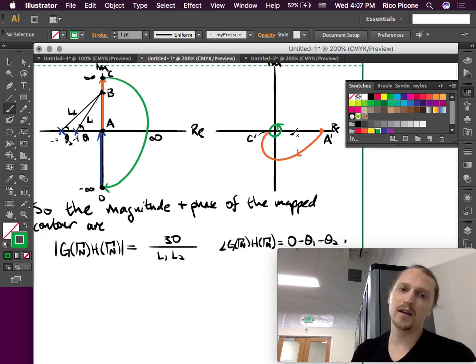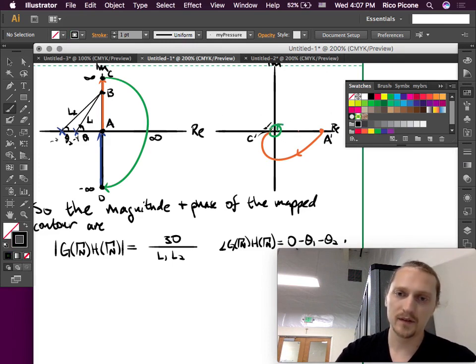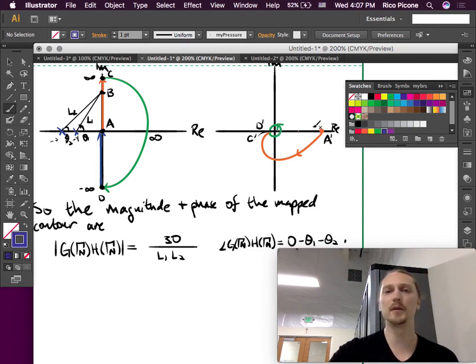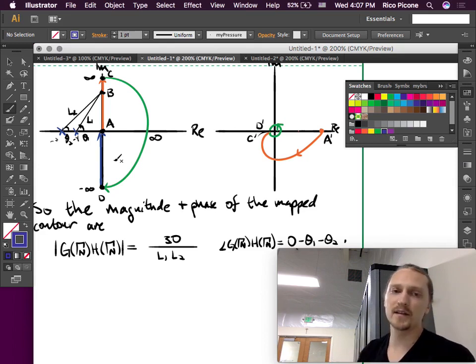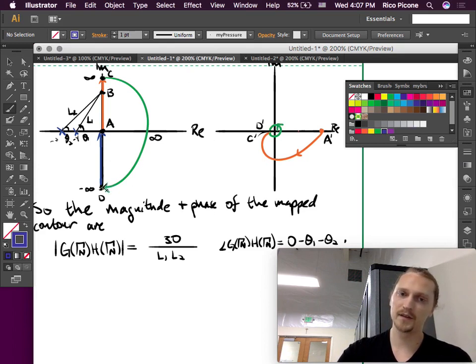And then we've just got our point D, or D prime, right there. Now we've just got our blue negative imaginary axis, and it's going to go from 180 degrees, and it's going to decrease all the way to 0, right?